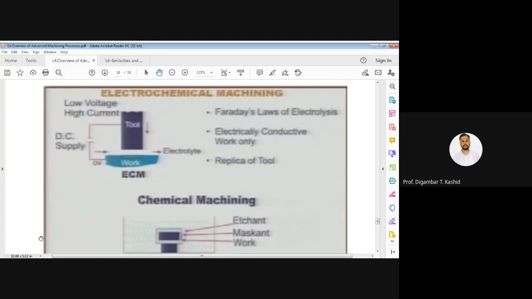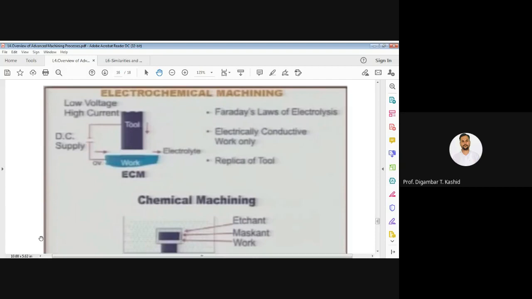Remember that the electrochemical machining process is totally the reverse of electroplating. In simple words, it is a reverse of electroplating. How electroplating works, we know through Faraday's law of electrolysis, which we are also going to learn at that time.